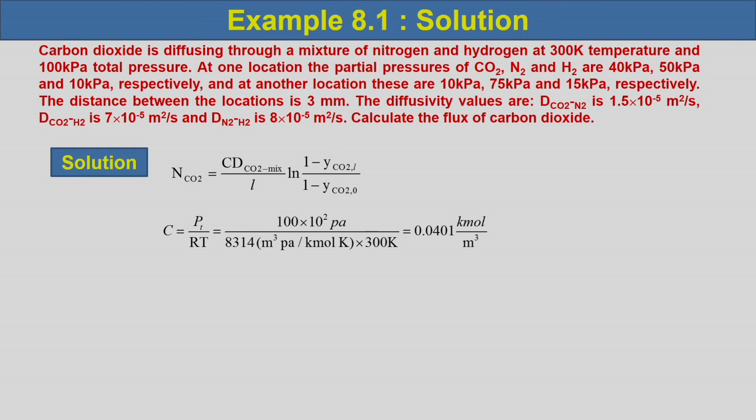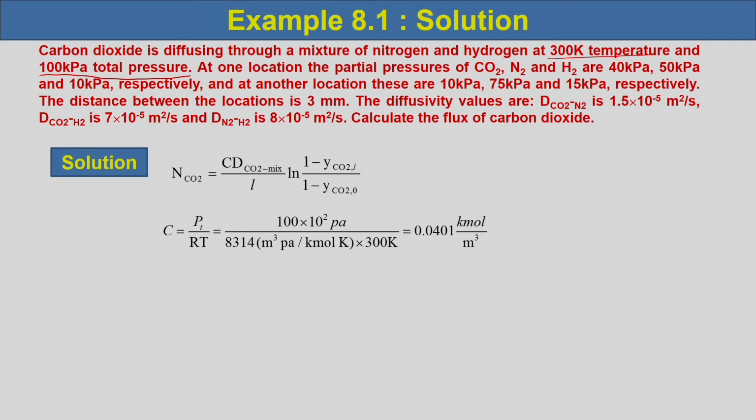Now, if we consider an ideal gas, then C would be equal to Pt by RT. The system is at atmospheric pressure, 100 kilopascal. So, Pt is 100 into 10 to the power 2 Pascal divided by R, which is 8314 meter cube Pascal per kilomole Kelvin, into T, which is 300 Kelvin, as given.